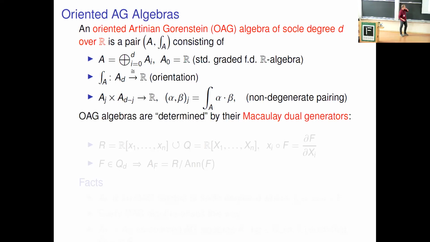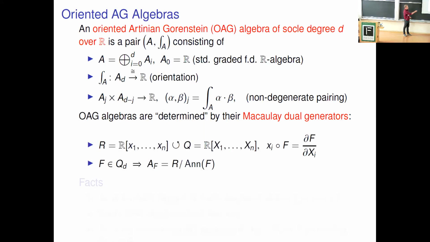But here's a fact: oriented Artinian-Gorenstein algebras are uniquely determined by their Macaulay dual generators. And what do I mean by this? Here's the quick setup.